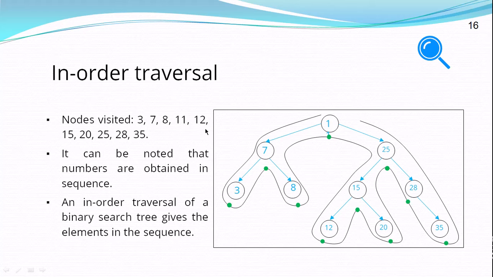And this reflects what I said about a binary search tree: if you squash it flat, you're going to get a sorted sequence. 3, 7, 8, 11, 12, 15, 20, 25, 28, 35. So it can be noted that the numbers are obtained in the correct order. An in-order traversal of a binary search tree gives you the sorted elements of the sequence.